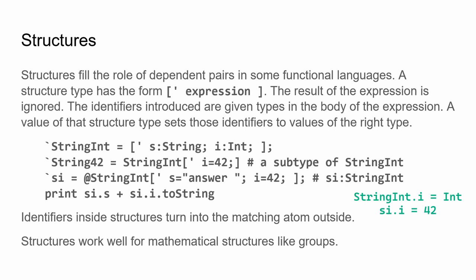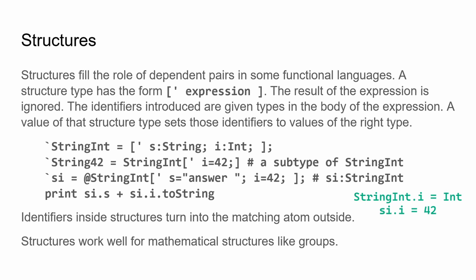So our string int structure has a string and an integer. We can create a subtype by, of course, I'll have more to say about subtypes in the next video, setting a value for the integer.